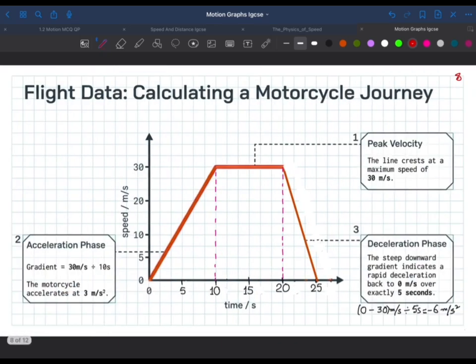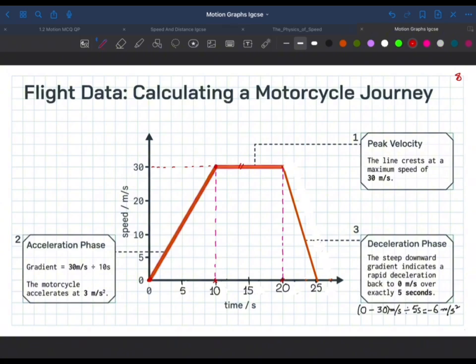Fine. Then here you have another example where you are starting from zero velocity and up to 10 seconds you are moving, and obviously you are moving with the increasing speed. And what is happening at point 10, you have attained a speed of 30 meter per second. Then from 10 to 20 second, the speed remains constant.